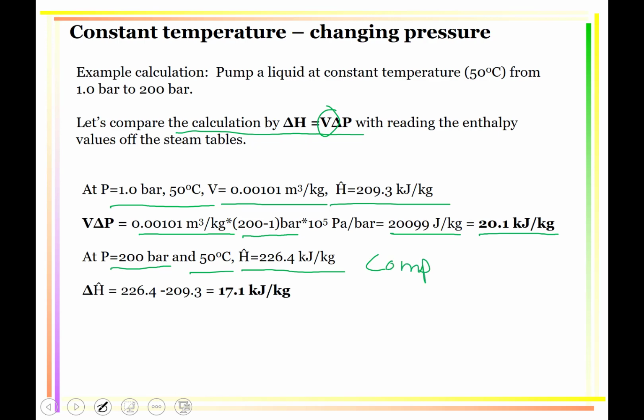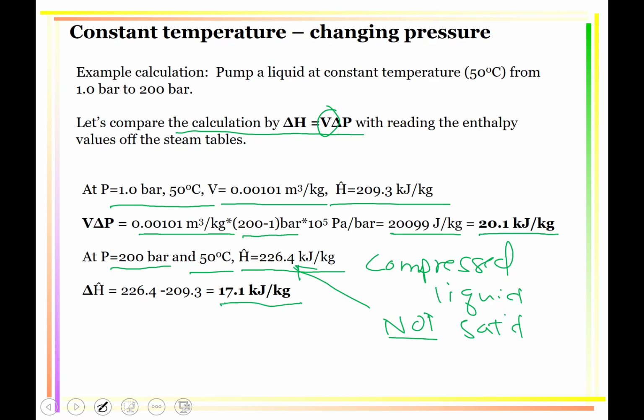Compressed liquid, not saturated. This is not a saturated liquid. Okay, so the delta H of our process then is 17.1. So you might think that's relatively off, 17 versus 20, but in fact, it gives us a very good approximation of the difference.